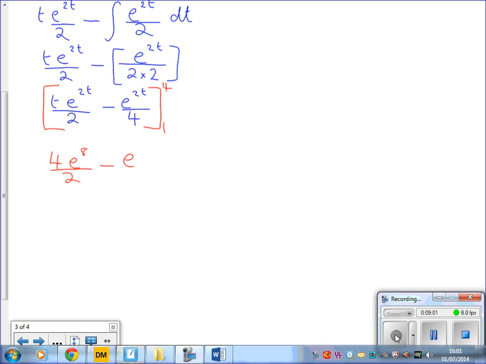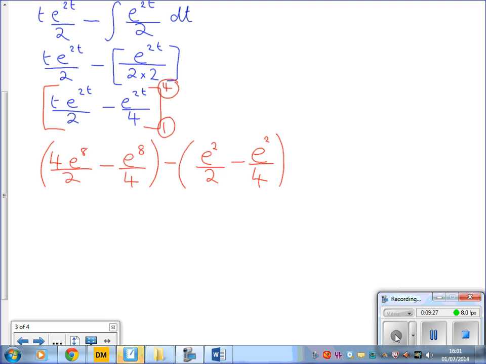Take away e to the power of 8 again all over 4. That is my first substitution made. Take away, now replacing the t by 1. So 1 times by e to the power of 2 all over 2. Take away e to the 2 over 4.